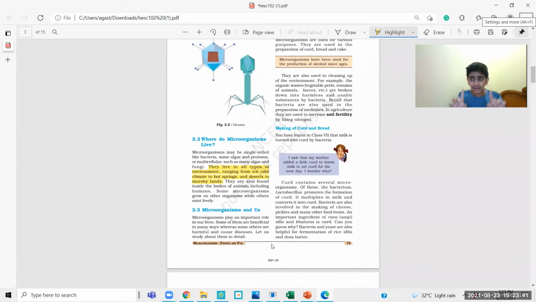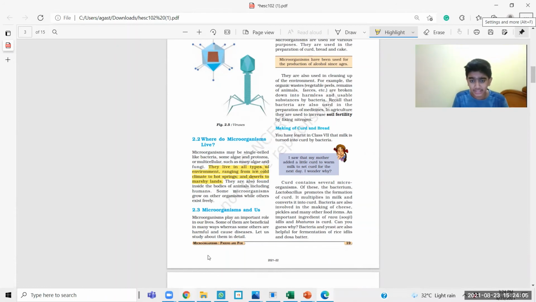Now where do these microorganisms live? Can they live in all types of environments? Yes, they can live in all types of environments. They could be in the Arctic, in the Ladakh desert, or in the Thar desert. They can live anywhere and adjust to any hot or cold climate. That is a specialty of these microorganisms.